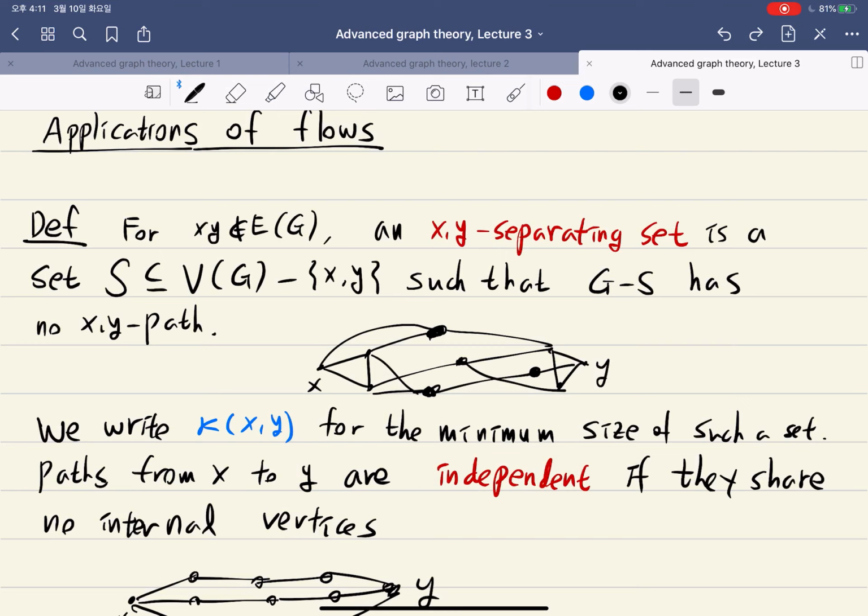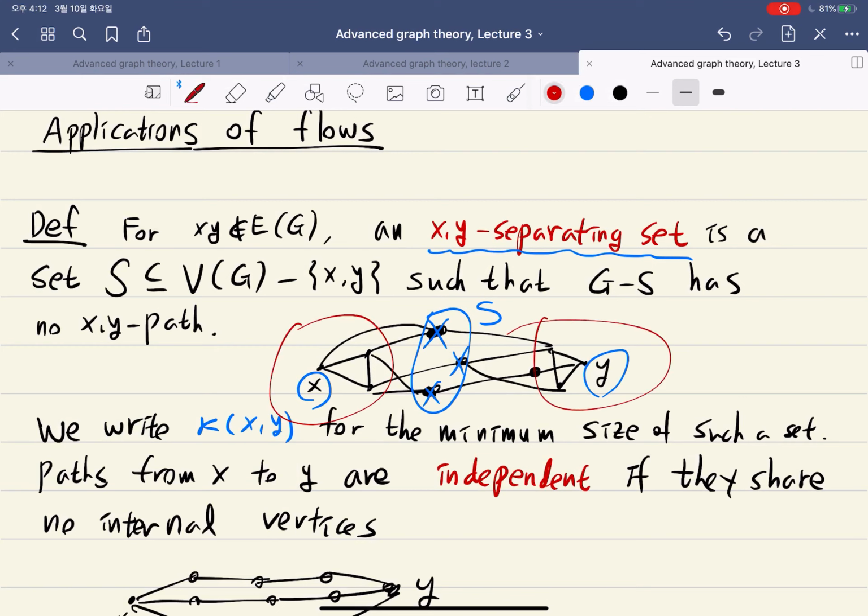So let's recall several concepts that we learned in undergraduate graph theory. For two vertices x and y in a graph, we say a set S is an xy separating set if, when you delete the vertices in S, in the remaining graph there is no path from x to y.